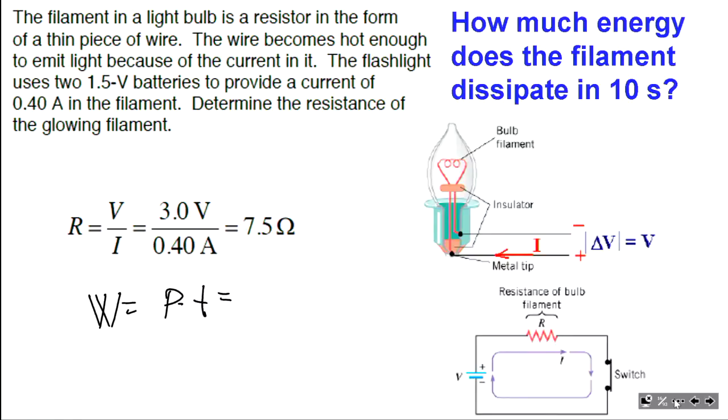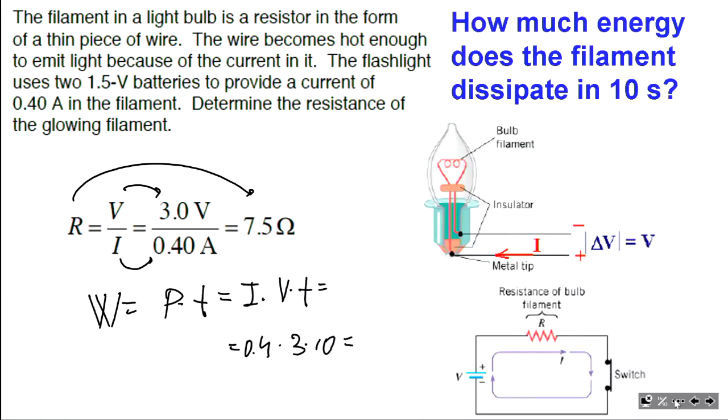We have three equations, and we know everything: voltage, current, resistance, so we can pick any equation. For example, current, voltage, time. Current is 0.4, the voltage is 3, the time is 10 seconds: 12 joules. That's it.